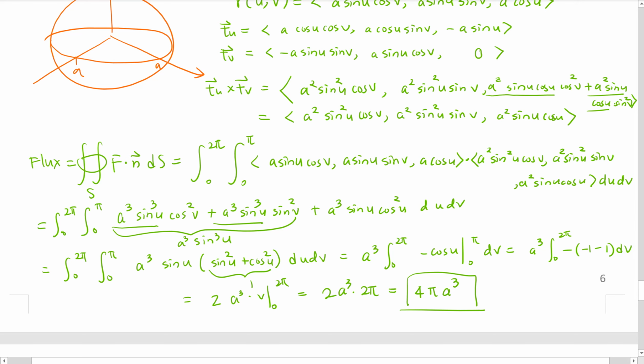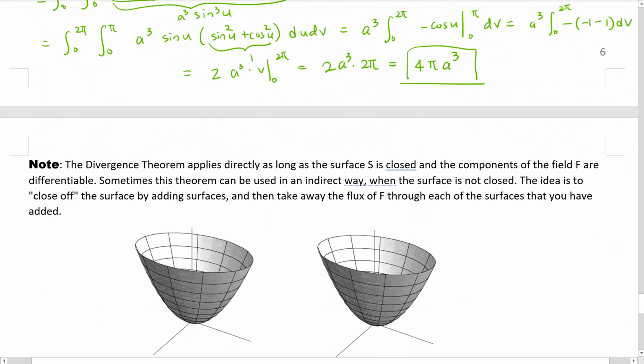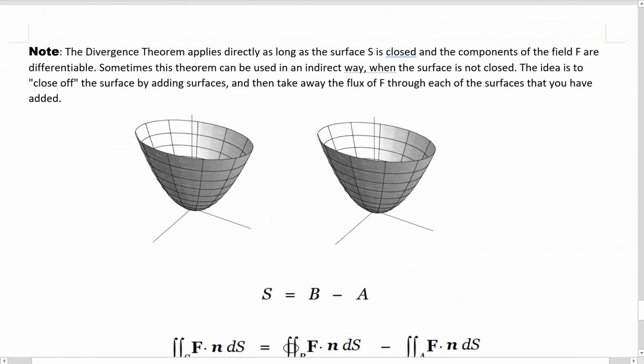So this is the divergence theorem. Note, the divergence theorem applies directly as long as the surface S is closed and the components of the field F are differentiable. Sometimes this theorem can be used in an indirect way.